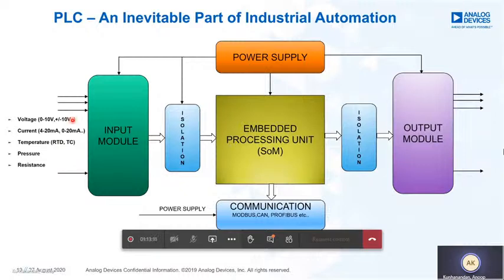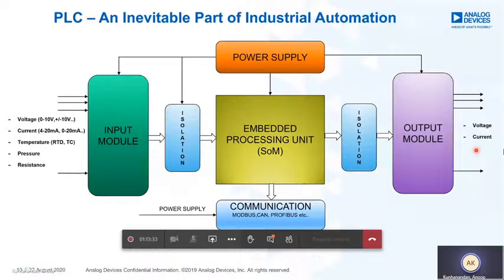Once you have these inputs, there is processing, which might use a small microcontroller or a very high-end embedded processor, depending upon the application. It generates outputs in the form of voltage and current to control a particular output device, which could be a solenoid or a position valve.